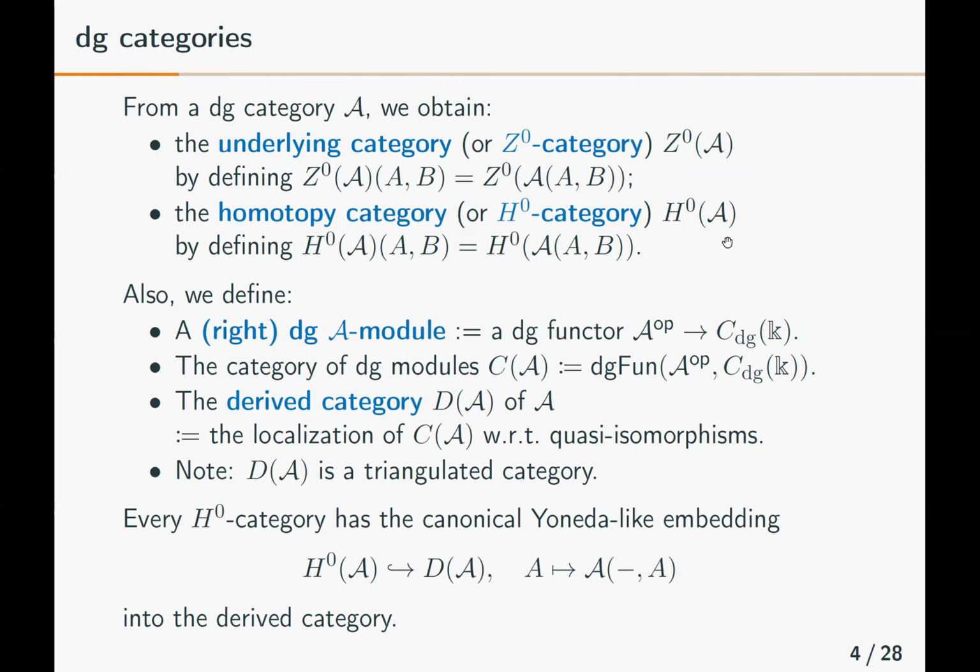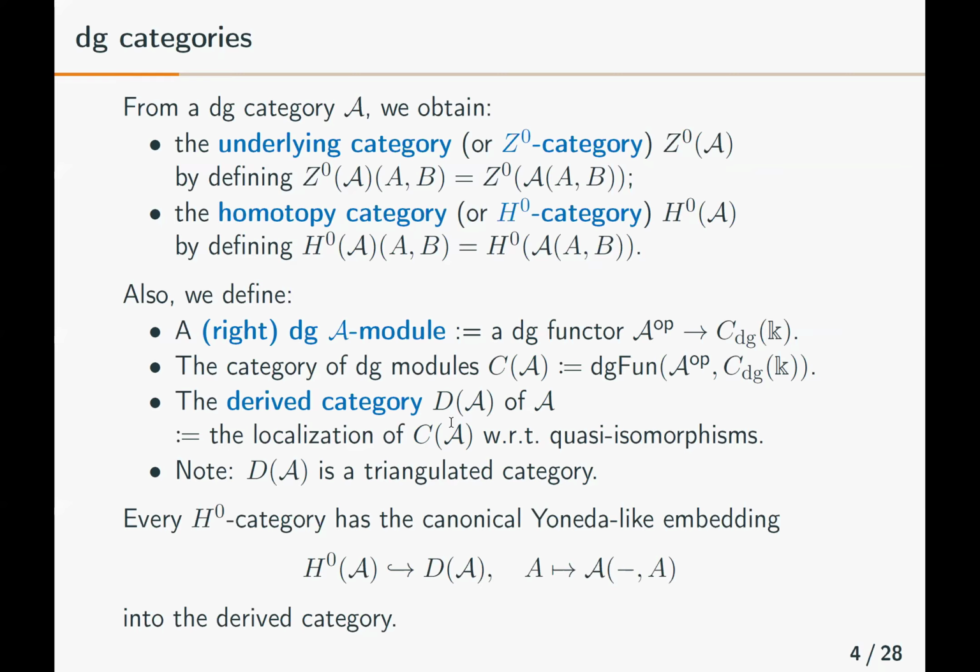We can also consider DG modules over A, that is, DG presheaves on A. We write C(A) for the category of DG modules over A. If we localize this category at quasi-isomorphisms, we obtain the derived category of A, denoted by D(A).